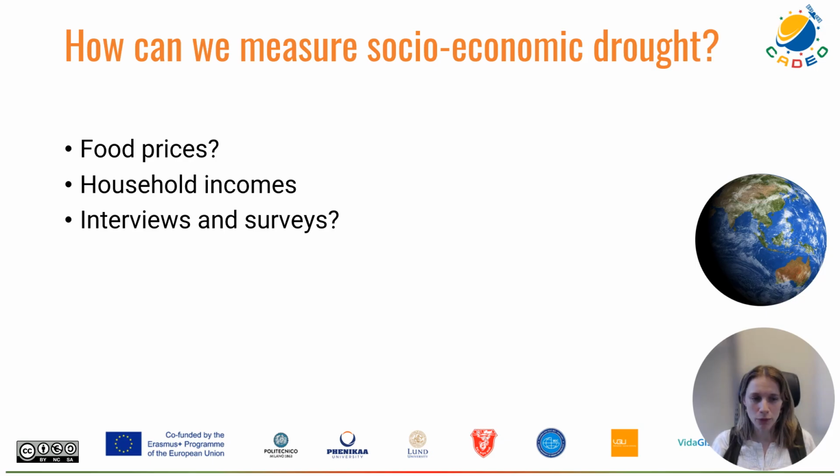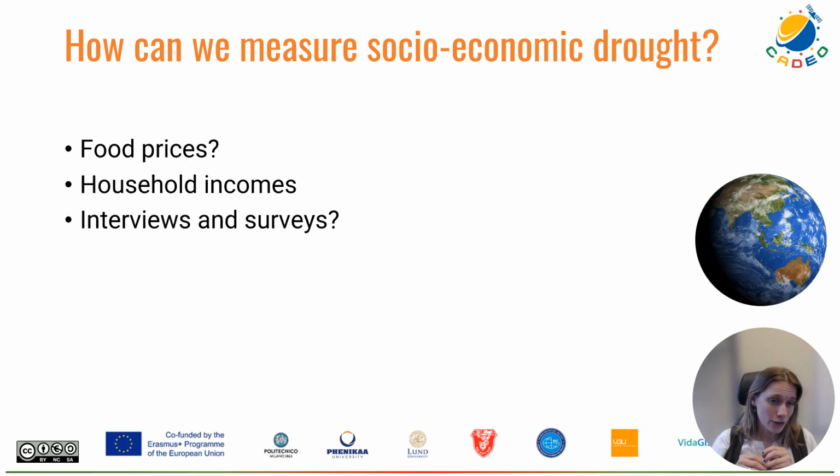For example, looking at food prices, if the context of your study is an area where you have a high local agricultural production of food, then a drought may influence food prices, which says something about how people are affected by the drought. You can also look at household incomes, for example, if you're looking at an area where you have a high dependence on agriculture, household incomes, or the ability to eat.